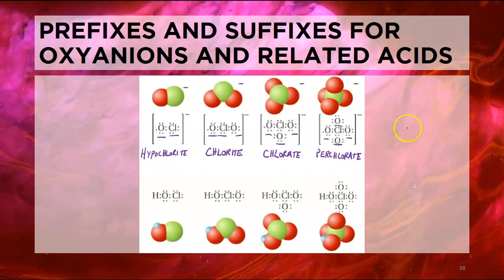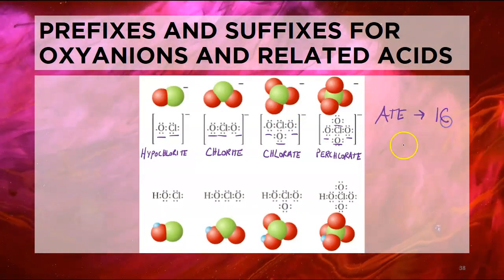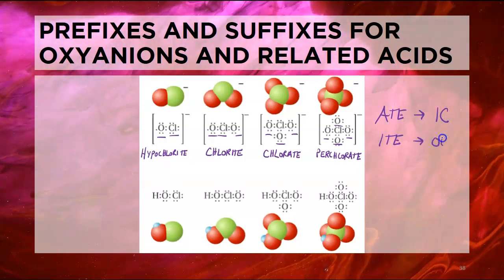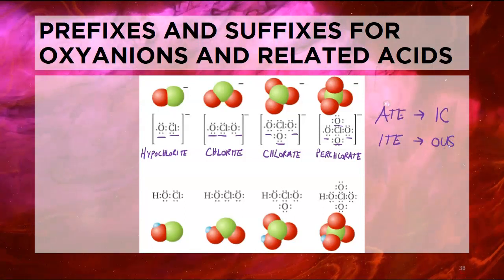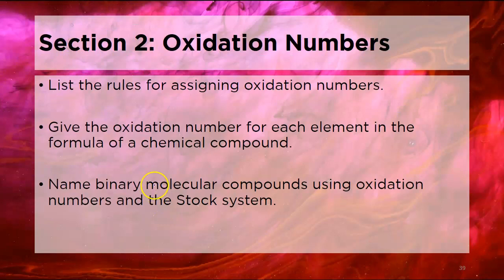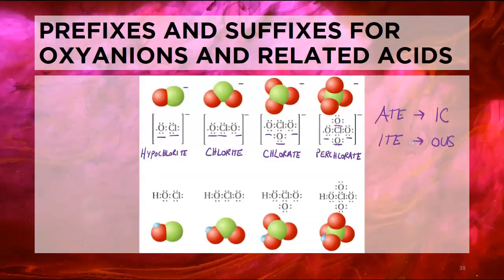And I just want to remind you that the ate suffix will turn into ic, and the ite suffix is going to turn into ous. So when I name these acids, it's going to become perchloric acid. Notice that hydrogen is added to all these.